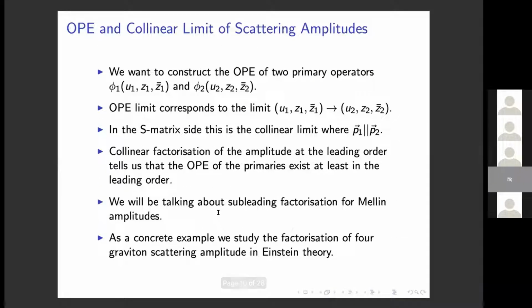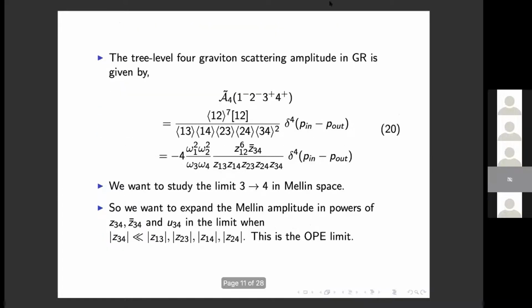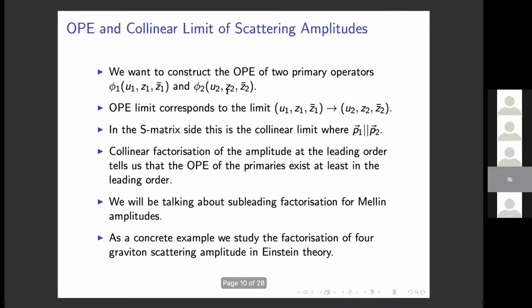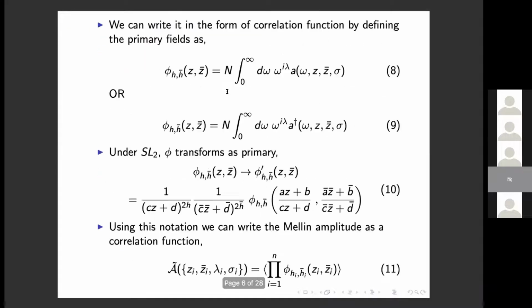and then we can take the limit when u1 z1 bar goes to u2 z2 bar, and we should see the factorization there. So the tree level 4 graviton scattering amplitude in GR. This is actually wrong. This is not A tilde, this is actually A. A tilde is the integral transform, which is already there.